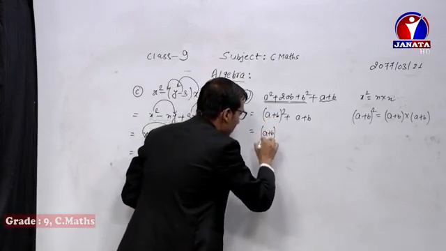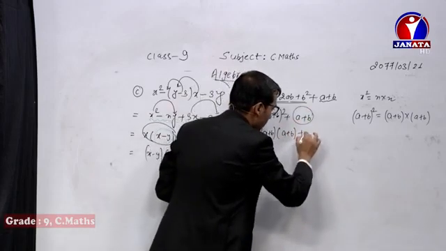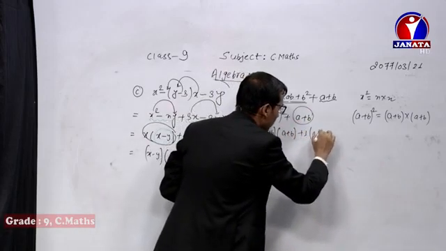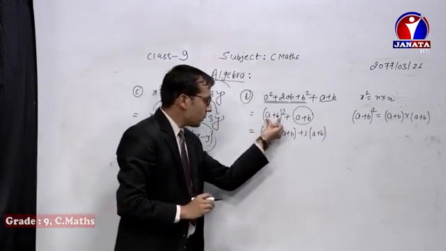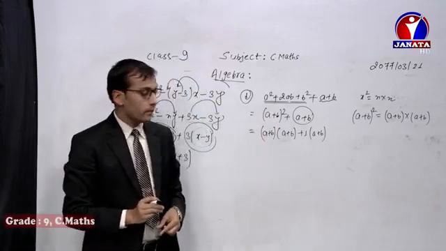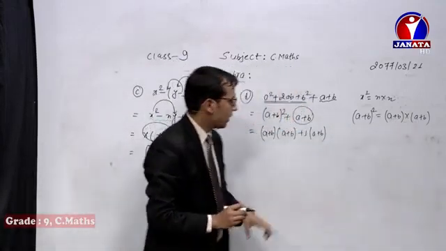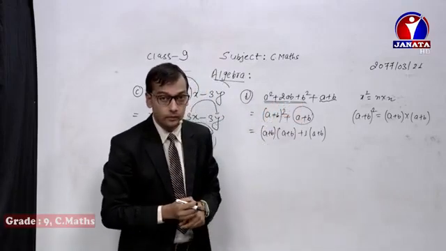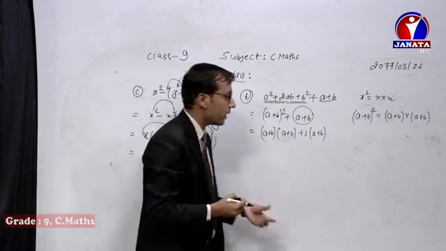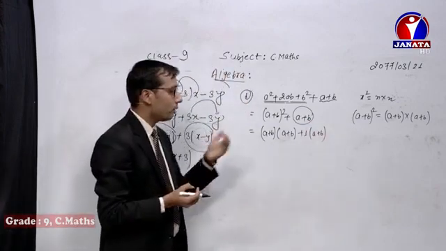Its factors are a plus b times a plus b, but a square plus 2ab plus b square is an expanded form. There is a difference in concept between expanded form and factors.